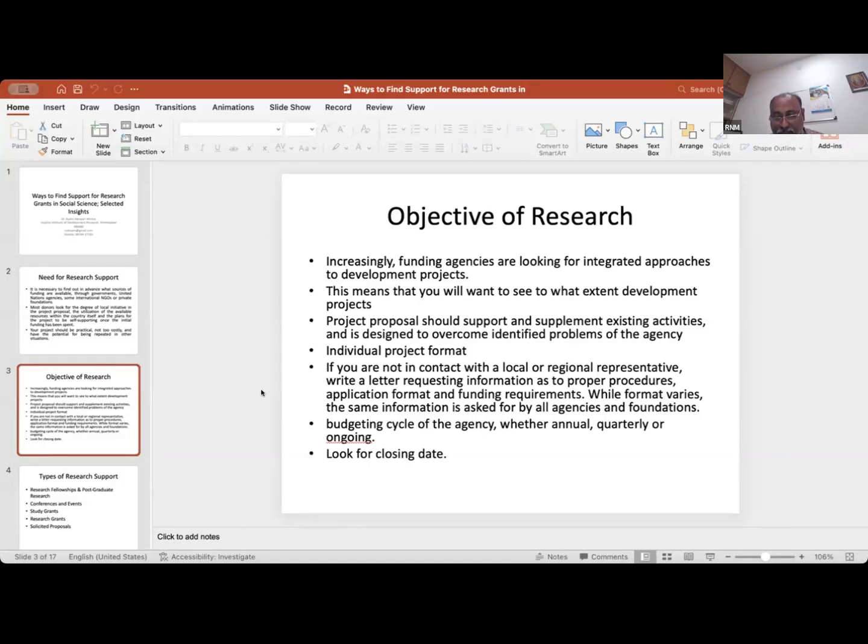When they are calling for research grants, you have to find out whether this is for a research study or for a research proposal. Like recently, they have advertised for research proposals on management of groundwater in India under the Atal Bhujal Yojana. Many people might have applied for this. They are looking for a research proposal because they are looking at the intervention made in a particular scheme to improve groundwater.